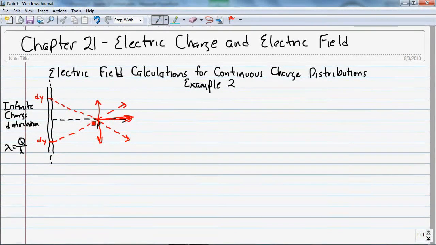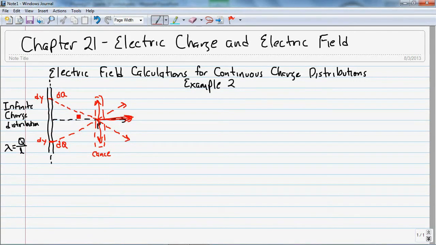Now, it turns out that because my charge is linearly distributed along this line, the charge dq inside of dy is going to be the same. So again, my y components are going to cancel.